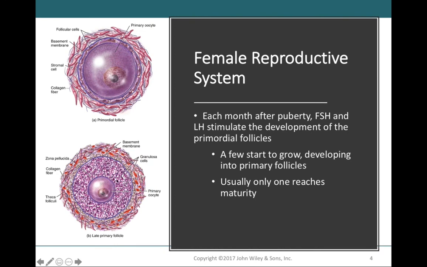We also see that single layer of follicular cells dividing rapidly, and when there's more than one layer of follicular cells, we're going to start to call these granulosa cells. The granulosa cells are eventually going to start releasing follicular fluid, and that will manifest in our secondary follicle. On the other side of the basement membrane, the stromal cells would have differentiated into theca folliculi, which are just theca cells found on the periphery of the ovarian follicle.